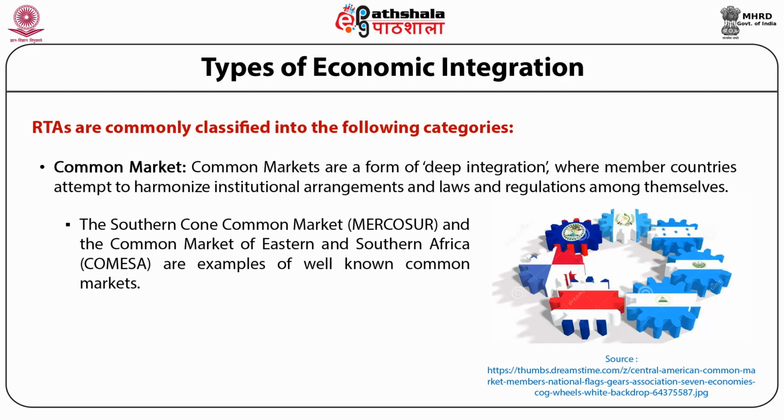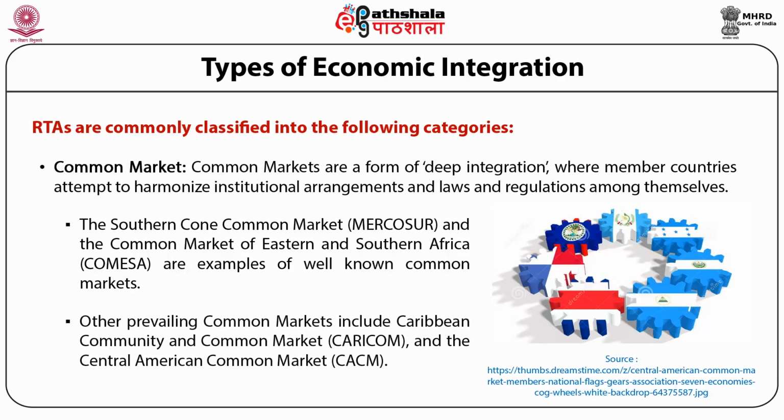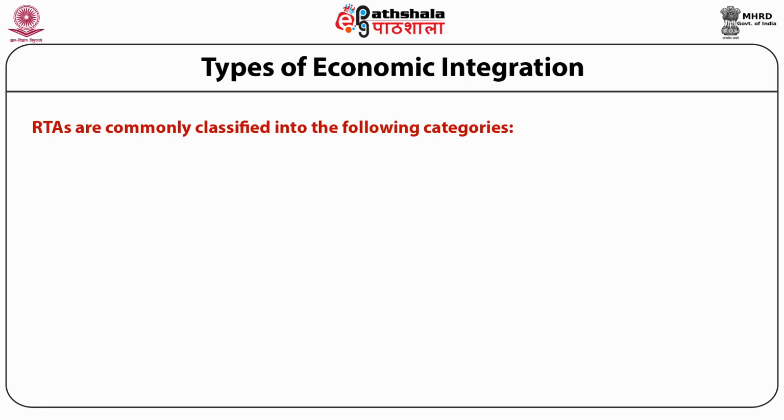The Southern Common Market and the Common Market of Eastern and Southern Africa are examples of well-known common markets. Other prevailing common markets include the Caribbean Community and Common Market and the Central American Common Market.